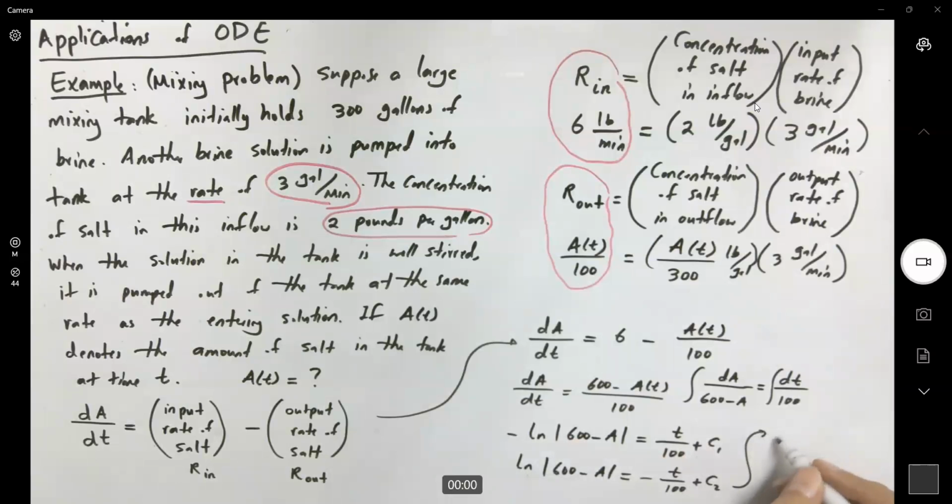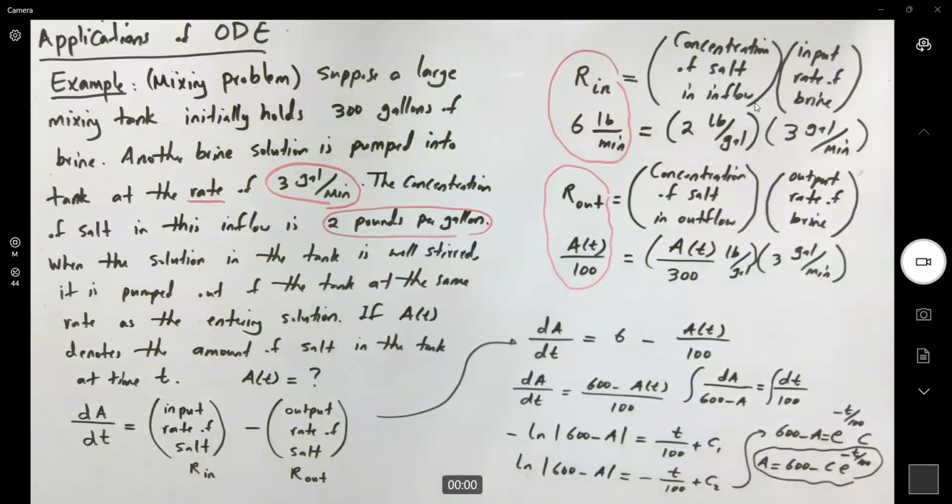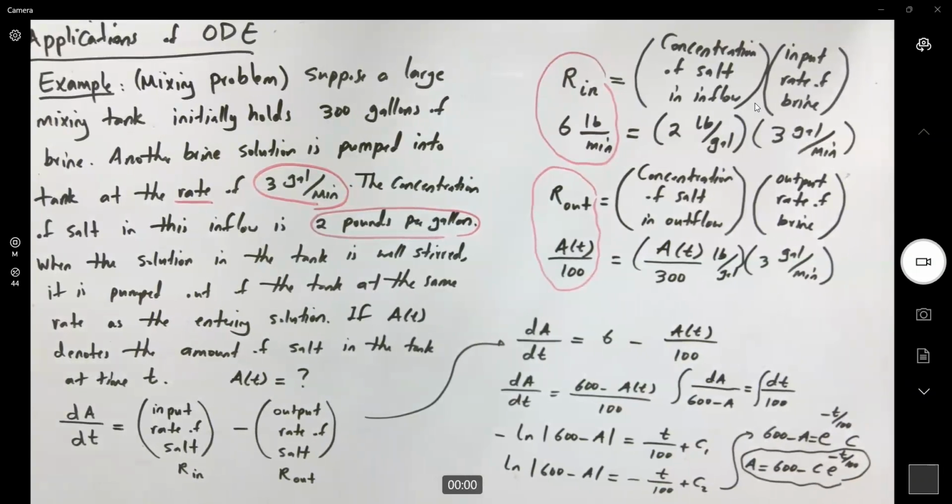So here you have 600 minus A equals e to the power negative t over 100 times plus or minus e to the power c sub 2, or just c. So A is equal to 600 minus c e to the negative t divided by 100. This is the mathematical model that we have for this mixing problem.